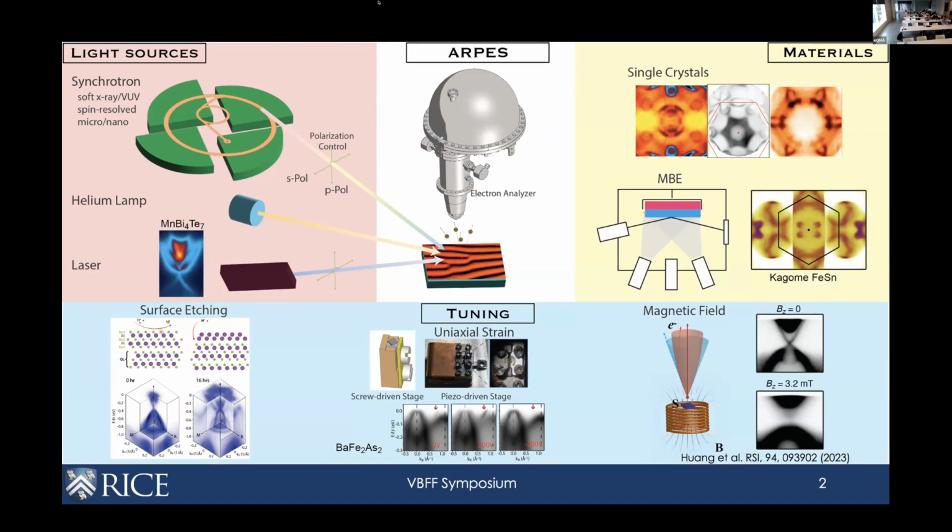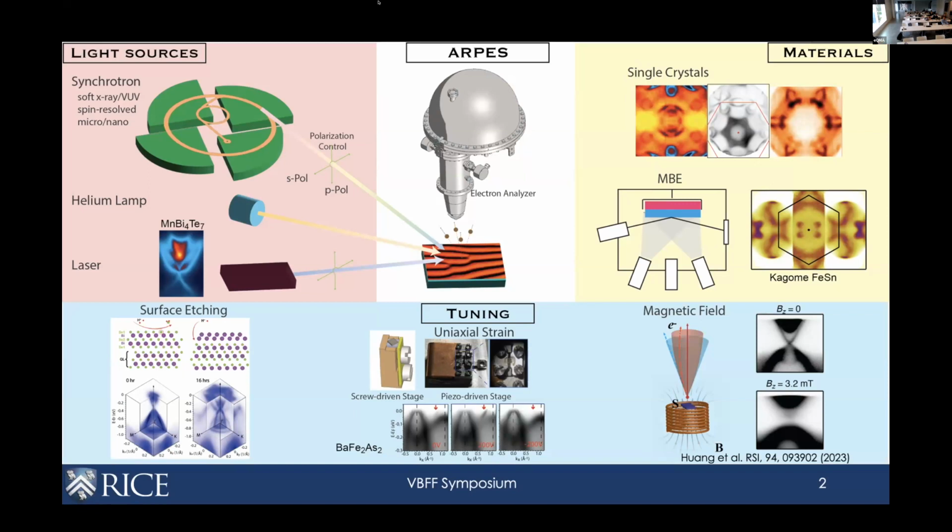On the bottom here shows also our interest in developing various kinds of sample environments for in situ tuning of quantum materials and phases, ranging from surface treatment to play around with topological surface states, to in situ tunable uniaxial strain, which is developed for both our own system as well as several beamlines, where we can use a continuously tunable strain to look at nematic phases, for example, pnictides and other materials.